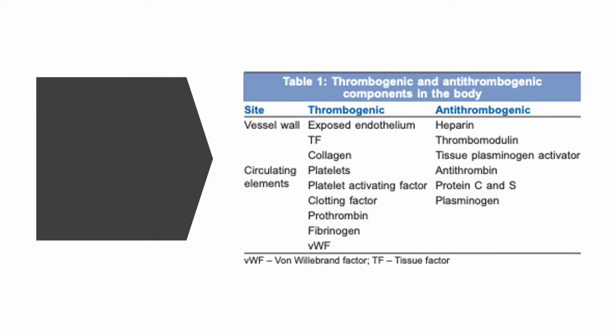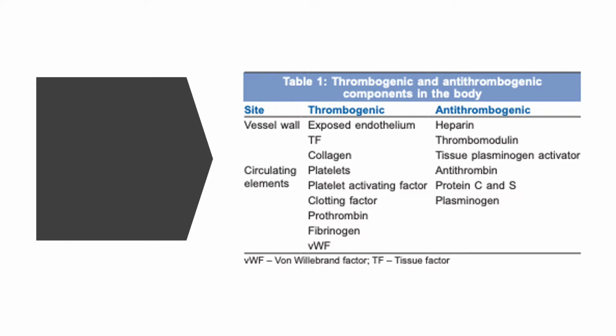In the vessel wall, the thrombogenic factors are exposed endothelium, tissue factor, and collagen, whereas the antithrombogenic ones are heparin and thrombomodulin. The vessel wall also has the tissue plasminogen activator, the TPA, which is used as a thrombolytic also.